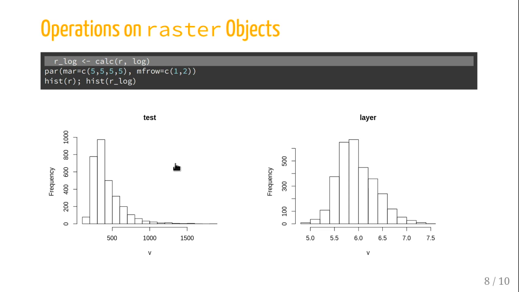So when you see typical not normally distributed data, one of the things you can do to normalize it is just to do the log transformation, right? So that's what it is. It's basically just doing a log transformation on the data, and now you see that the data is much more normally distributed. There are tons of other operations that you can do on raster. This is probably the simplest of ones that I've shown you.